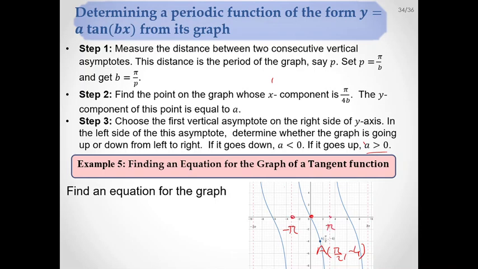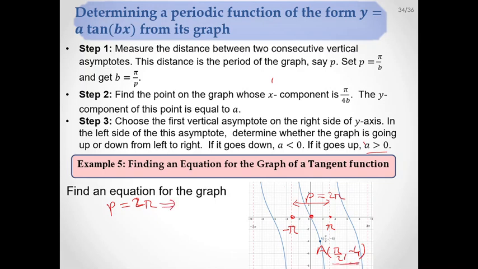This is pi. So you can tell the period from here, right? The period is 2 pi for sure. We know the period from the picture, it's 2 pi. And we know a point, this is pi over 2, negative 4.